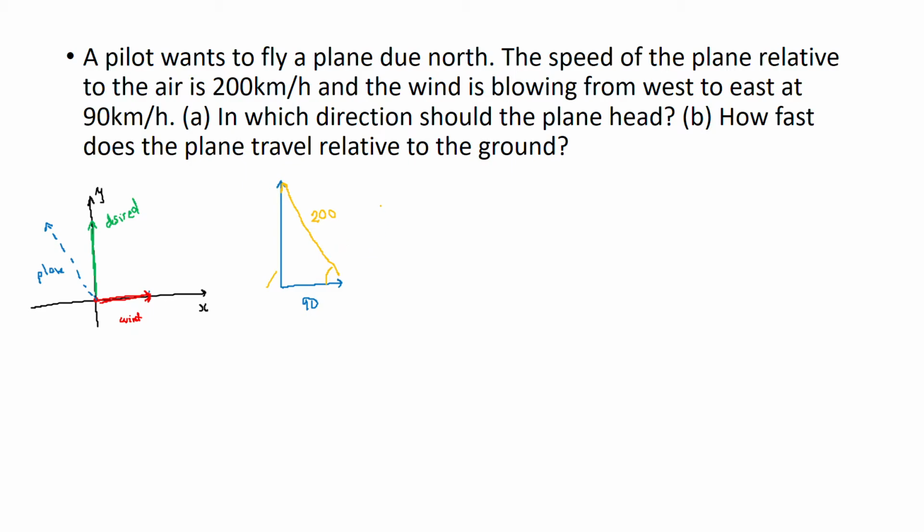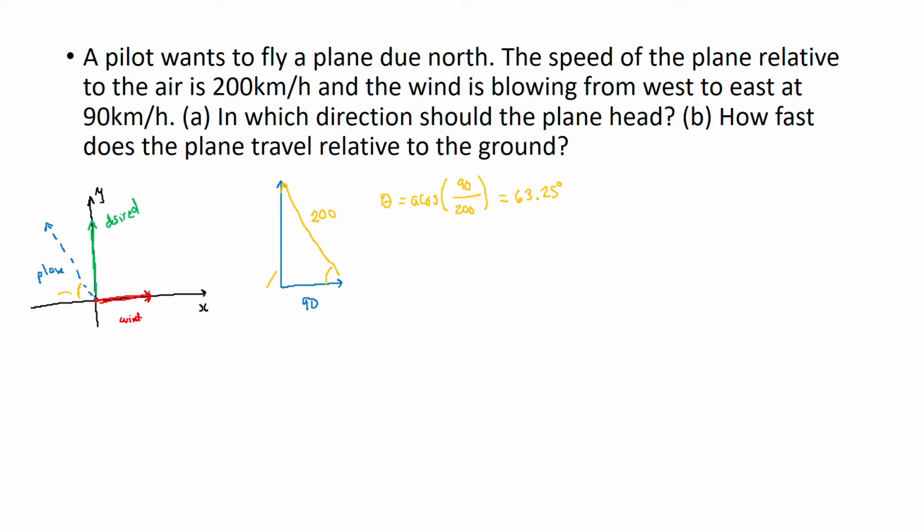So that would be theta equals the arccos of the adjacent over the hypotenuse, and that is an angle of 63.25 degrees.